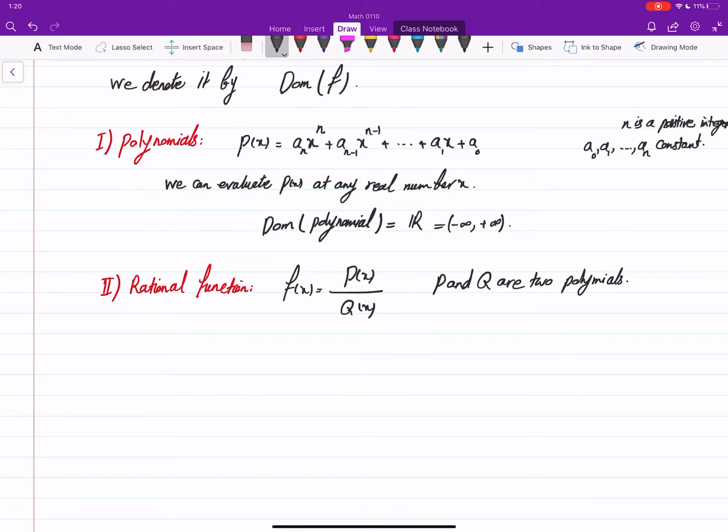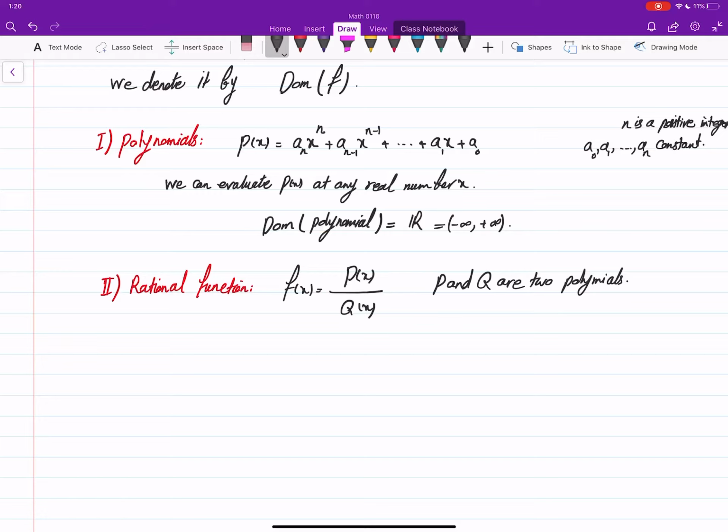We already saw that the domain of the polynomial p of x is the whole real line, and for q of x you can plug in all numbers you like. So far there is no restriction. But when you write p over q, you have to be careful that you cannot put a 0 in the denominator. 0 in the denominator is a big no.